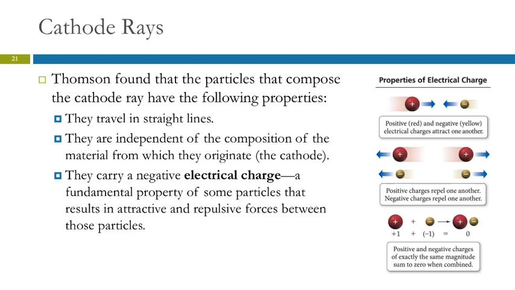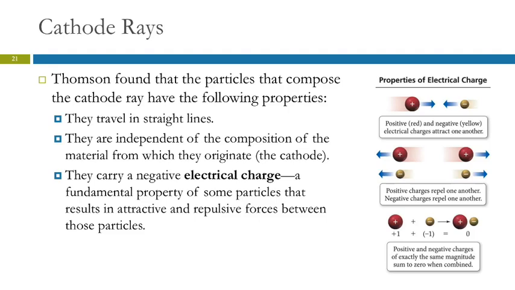Those particles traveled in straight lines, and that beam was the same regardless of what kind of metal he made the cathode out of. You could do it with copper or iron, didn't matter. The beam was the same. So those particles carried a negative electrical charge.